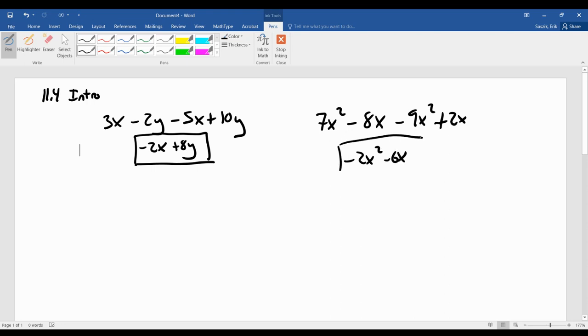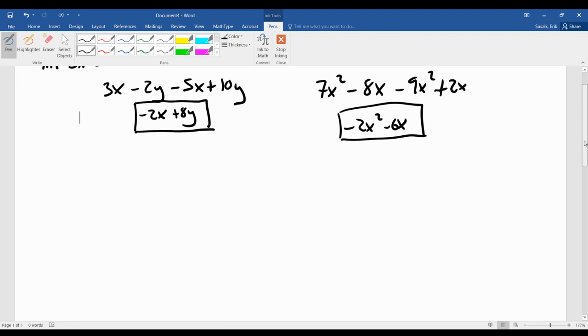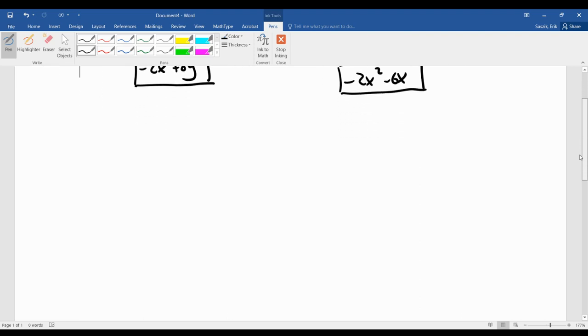This is review, but I just wanted to bring to the forefront of your brain the idea of combining like terms, because there is such a thing as combining like terms with radicals as well.